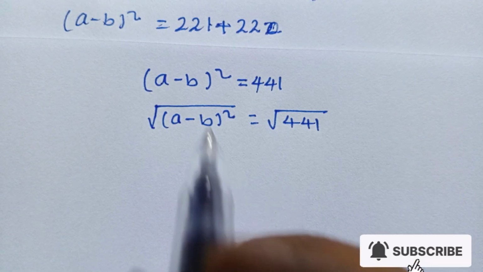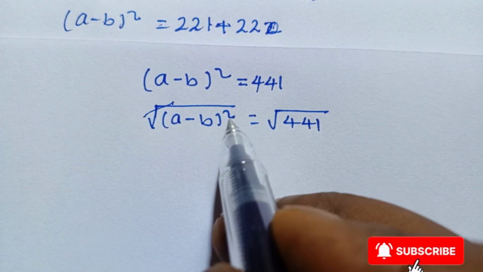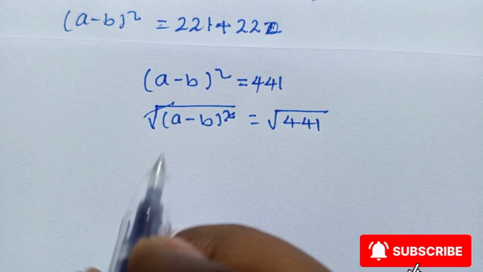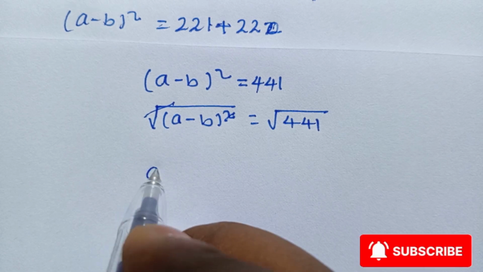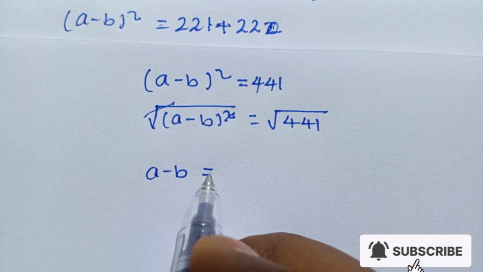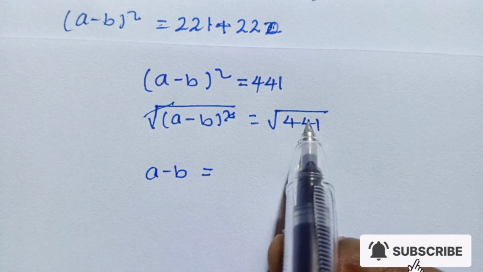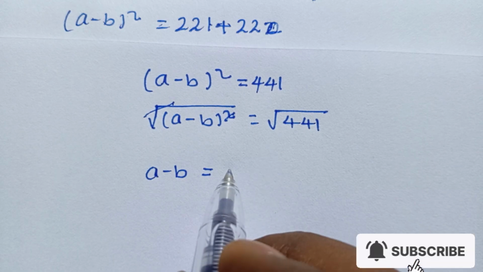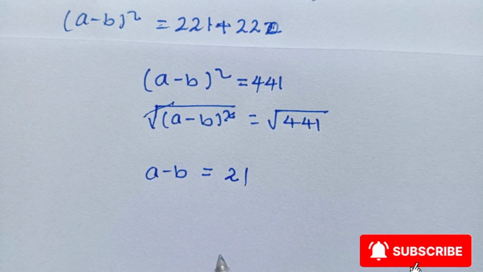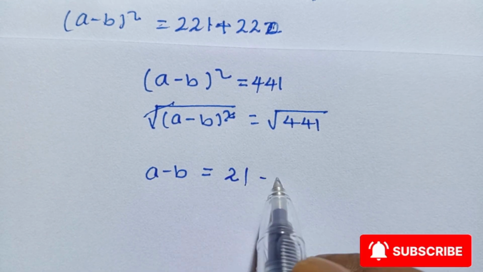The radical cancels the power, so a minus b equal to 21. Then equation 6.